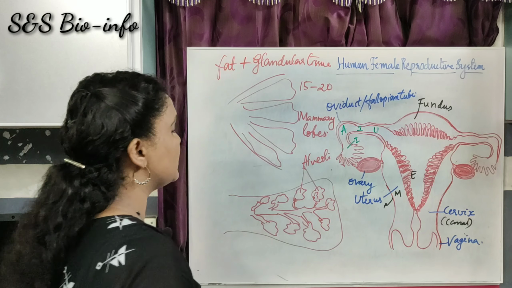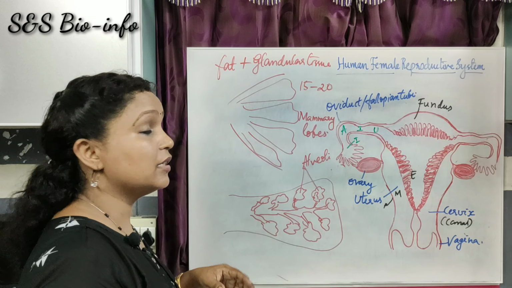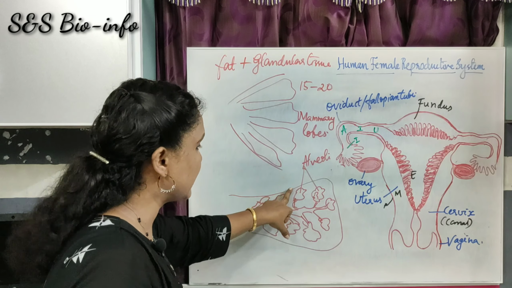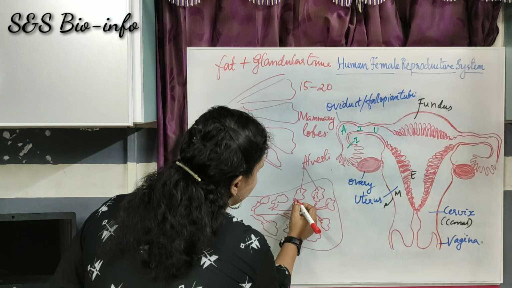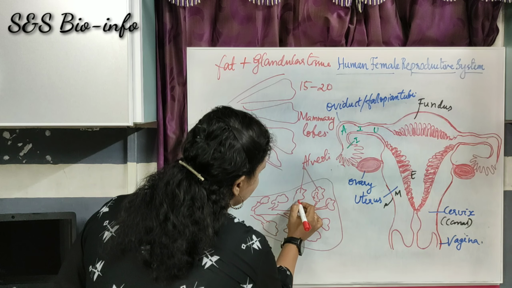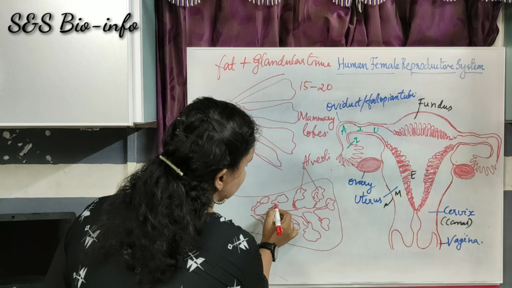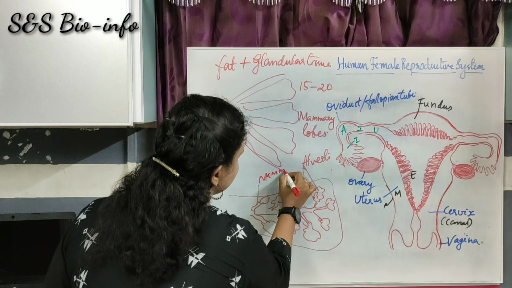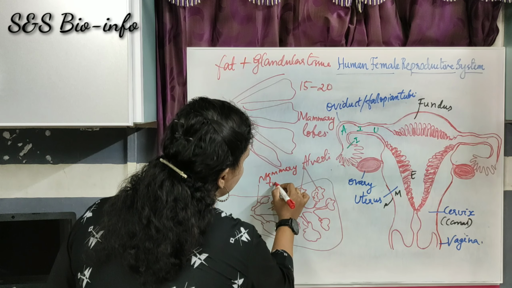These are the milk secreting cells. The milk is secreted and stored in the lumen of the alveolar cells. And the alveolar cell opens to the mammary tubule. These small tubules are called what? Mammary tubules.